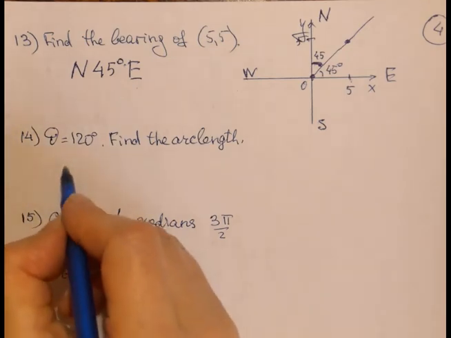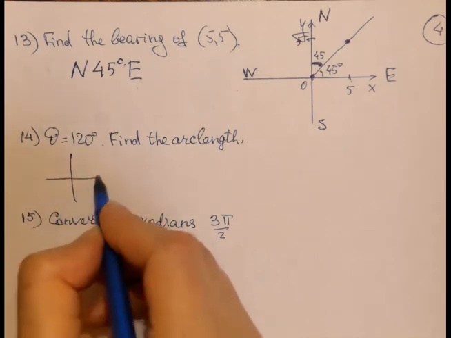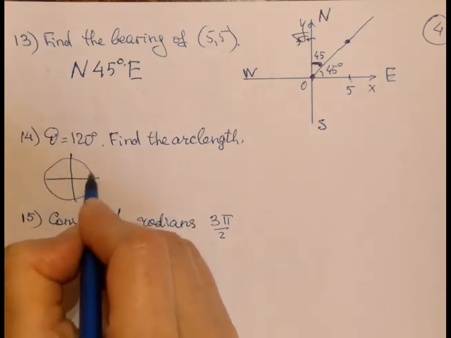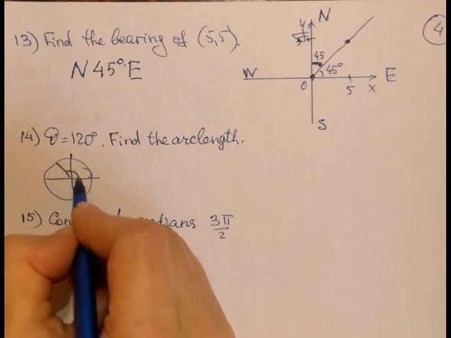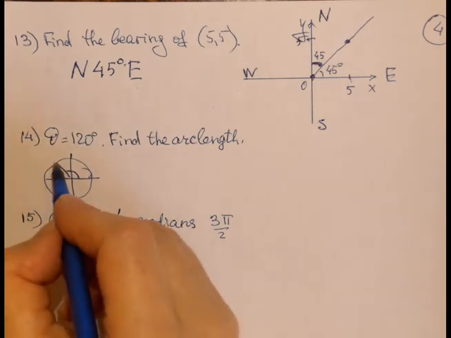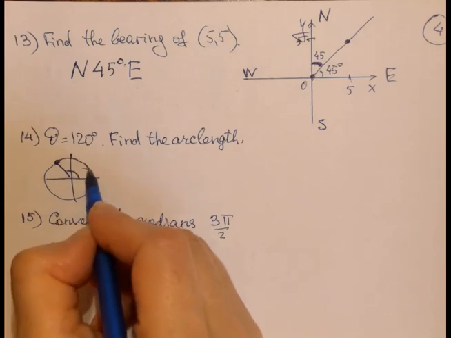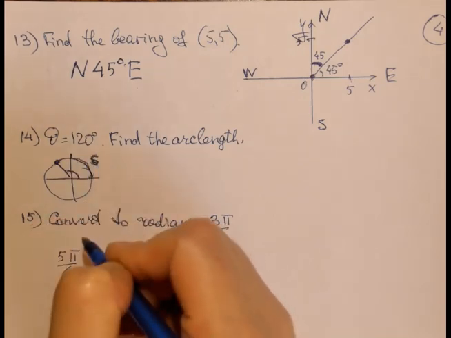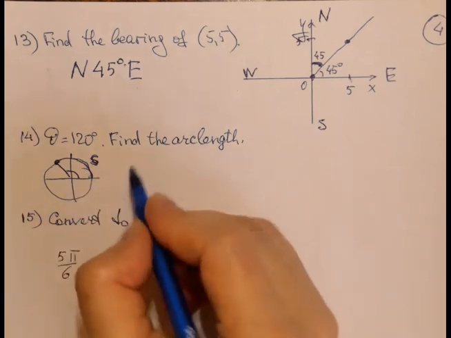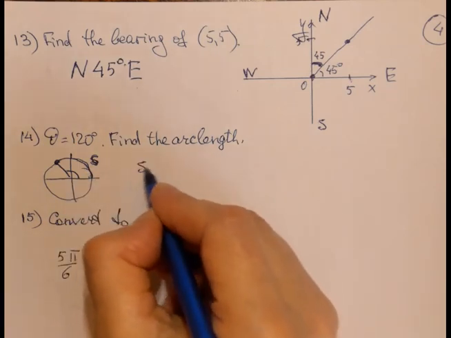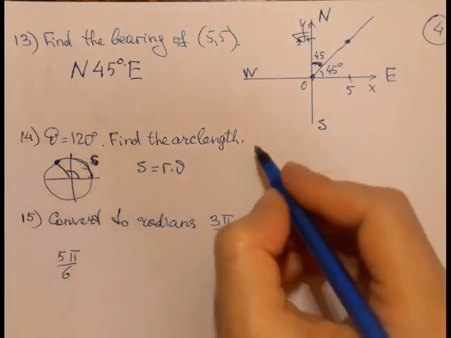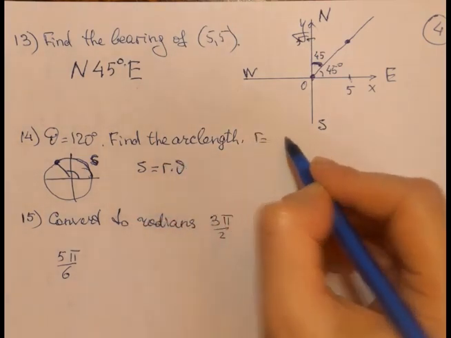So if the central angle measures 120 degrees, what is the arc length intercepted by this angle? The arc length, we usually use the letter S for it. So we have the formula S equals r times theta, so we need to know r also.